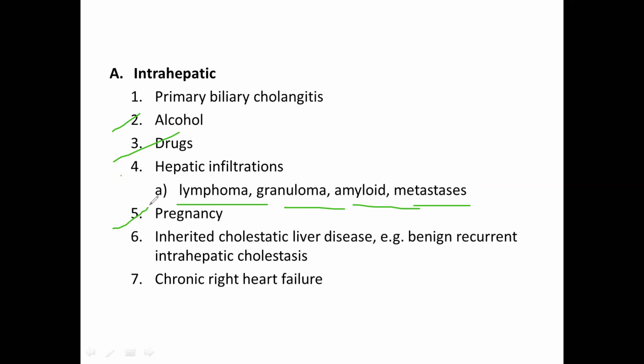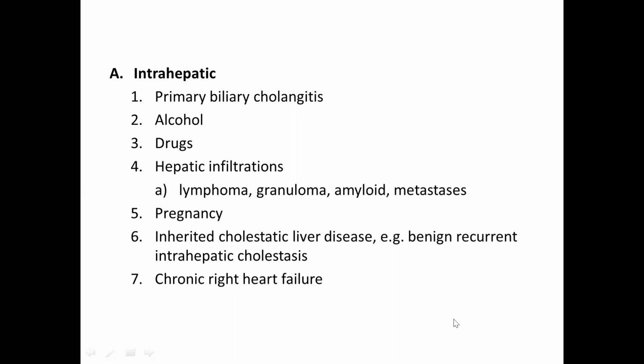Pregnancy sometimes may cause compression of the liver, or you can say it puts pressure on the liver, which may obstruct the transport of bilirubin. Then there are certain inherited cholestatic liver diseases, for example benign recurrent intrahepatic cholestasis, and lastly chronic right heart failure. Because of right heart failure, there will be congestion of the liver, and again because of this congestion, there will be obstruction to the transport of bilirubin.